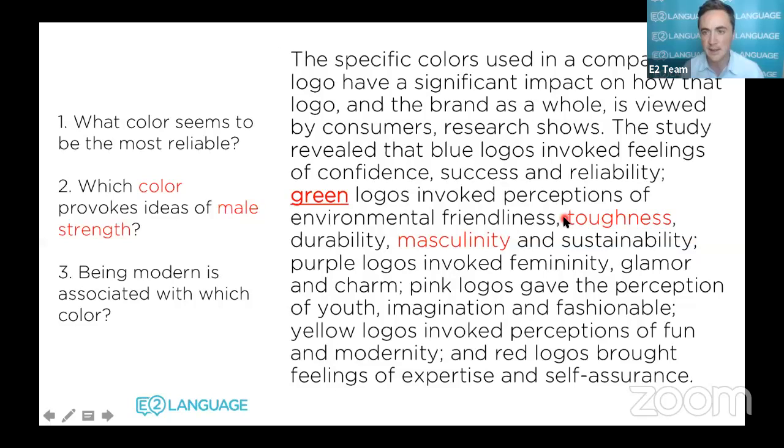Very rarely in IELTS will they use the same word in the question and the passage. More often than not, the words are going to be synonyms. So strength, toughness. Male, masculinity.